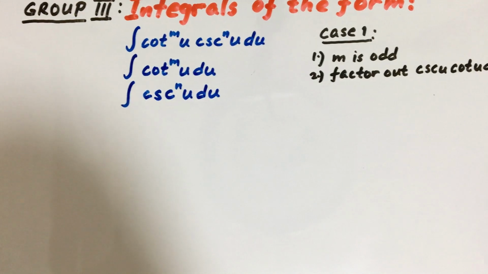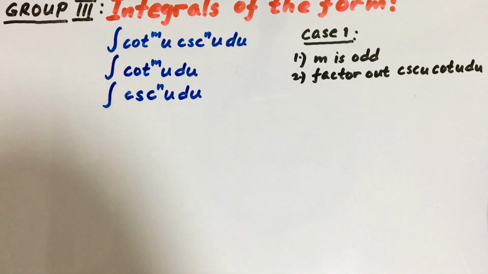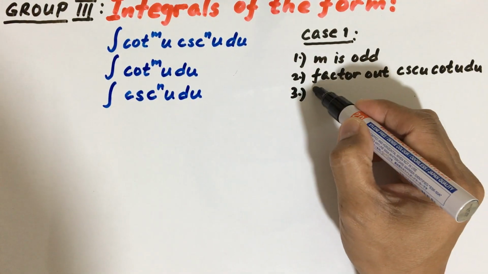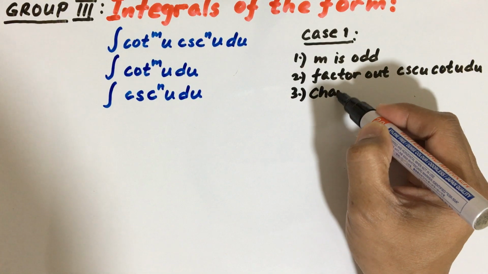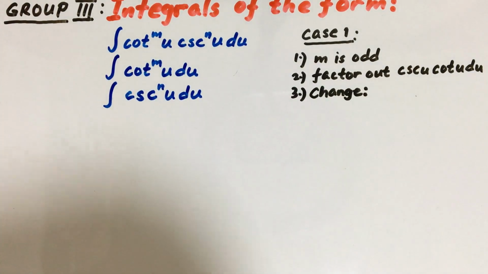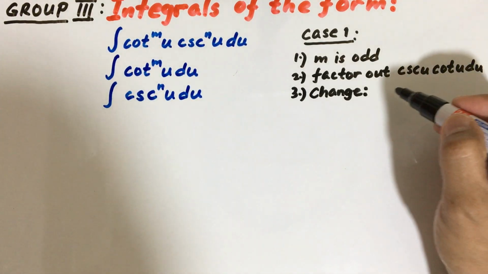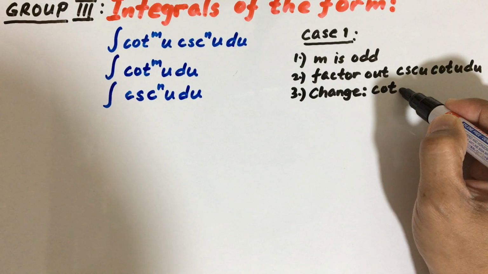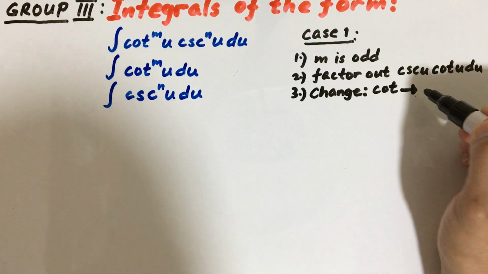This is what we are going to do after finding m is odd, and after that we need to change the remaining cotangent to cosecant.